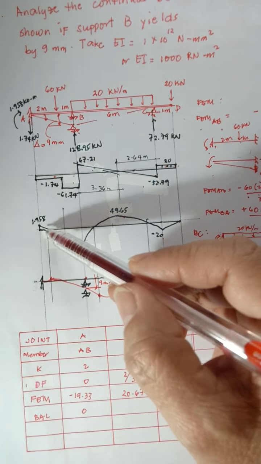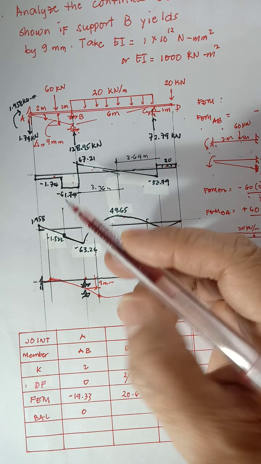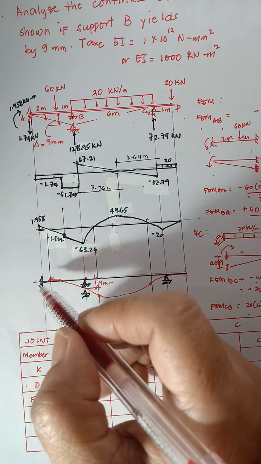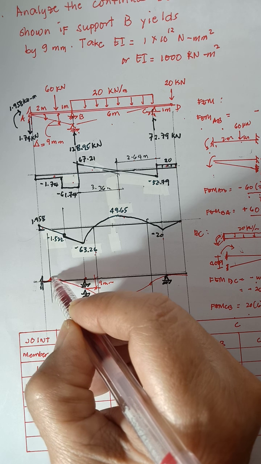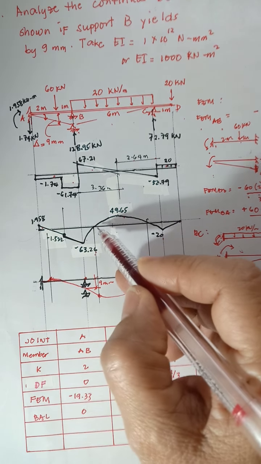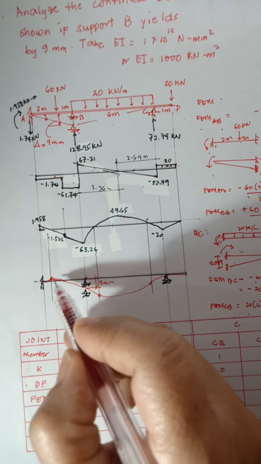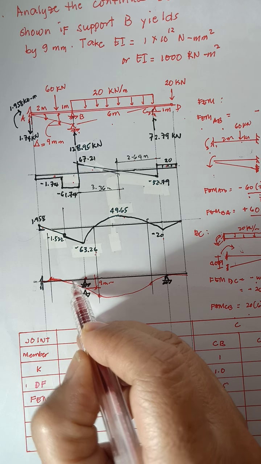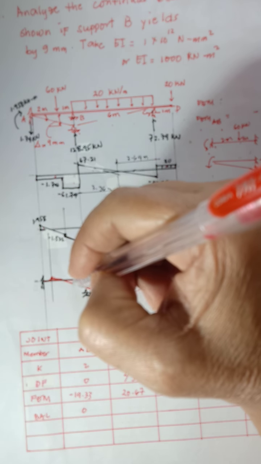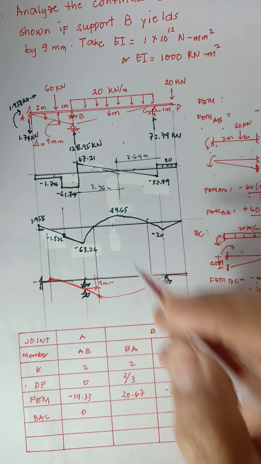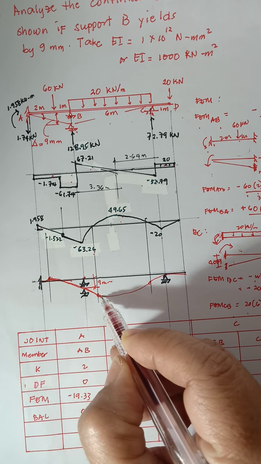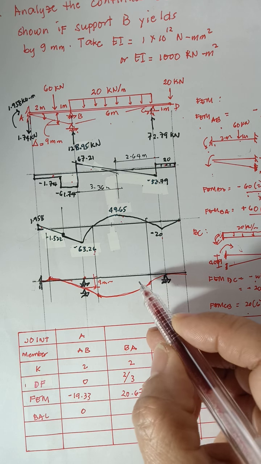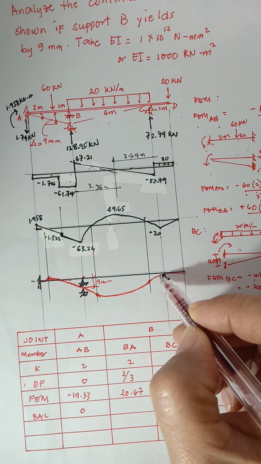As you can see here, we have a positive moment, so our curve will be concave up, like a smile, and from here to here is negative moment, so concave down. We just exaggerate it. So it passes below because of the settlement. Then we have positive moment, concave up, and then negative moment, concave down.